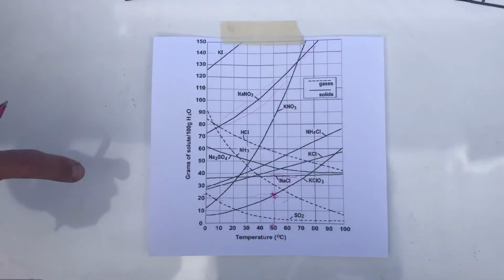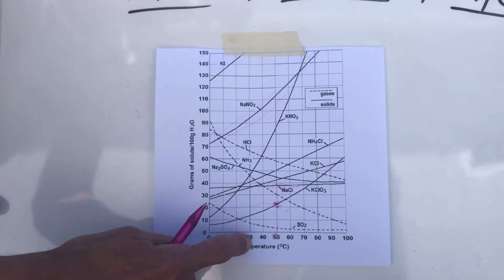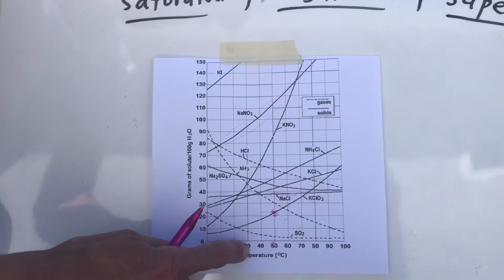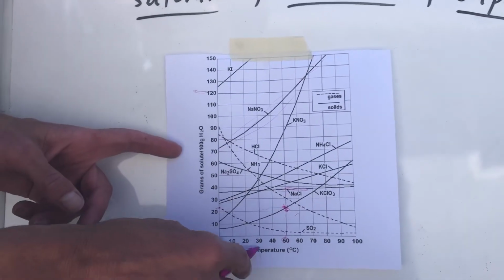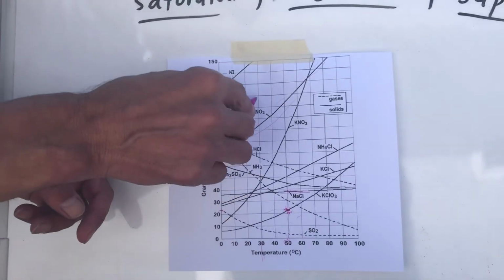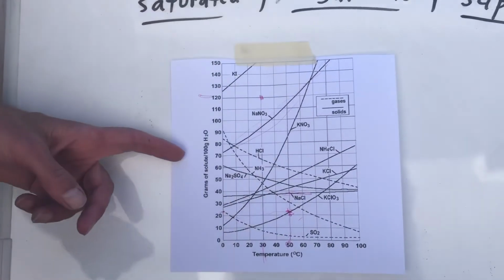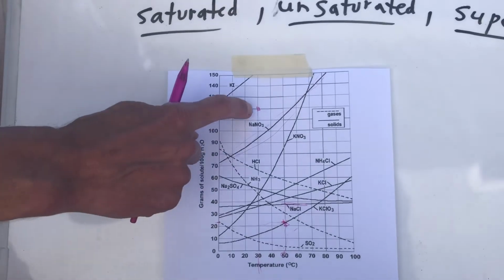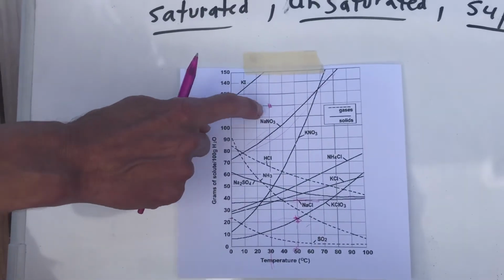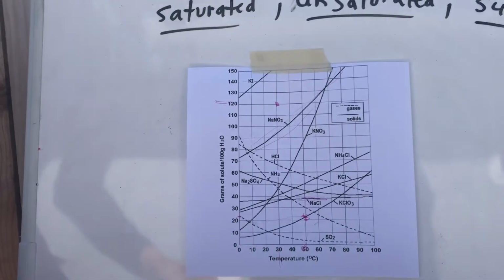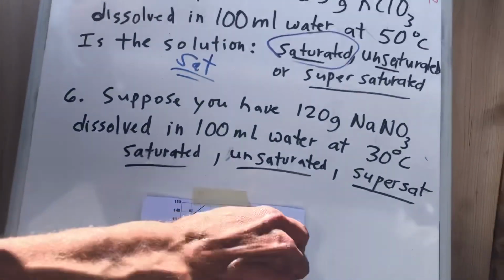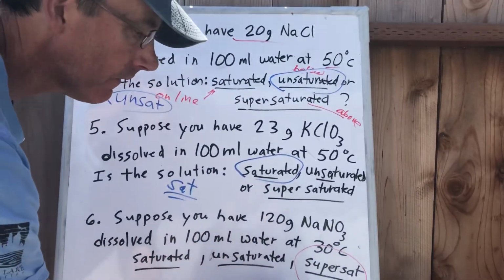At 30 degrees and 120 grams, you can see that's up here. It's above the line. So if you had a solution with 120 grams of sodium nitrate, it would be supersaturated at that point. Supersaturated.